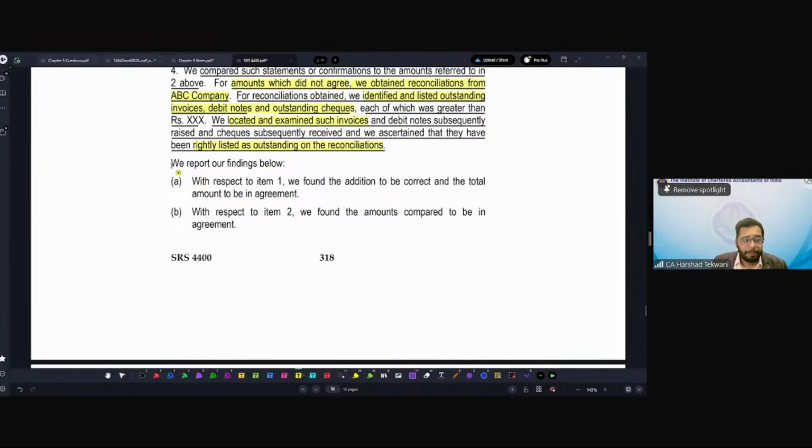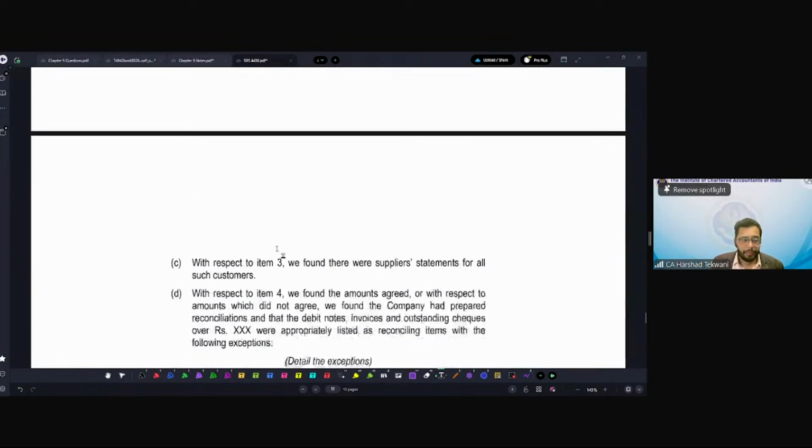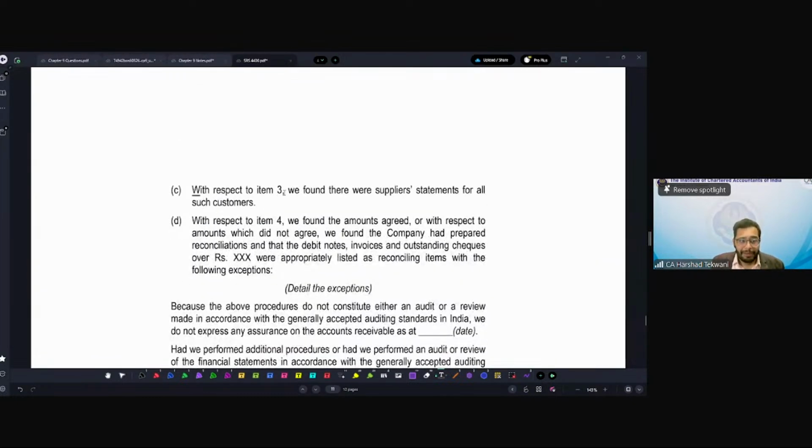Then they are reporting their findings. We report our findings below. With respect to item 1, we found the addition to be correct and the total amount to be in agreement based on the data. With item 2, we found the amount compared to be in agreement. Like whatever comparison was done is in agreement. With respect to item number 3, we found there were supplier statements for all such customers.